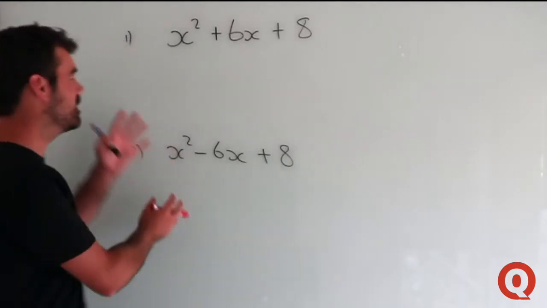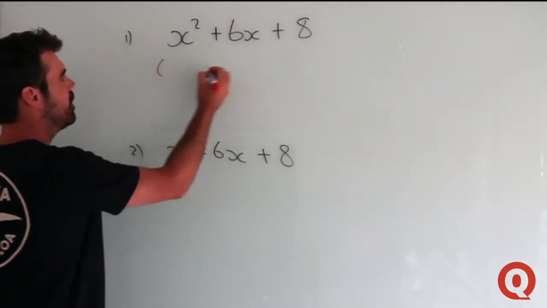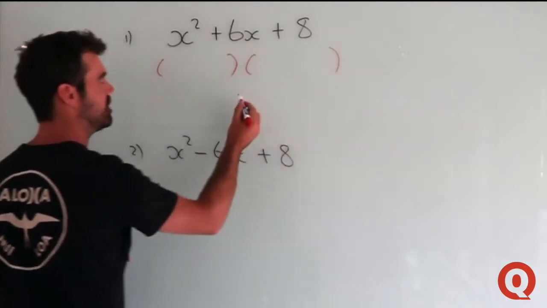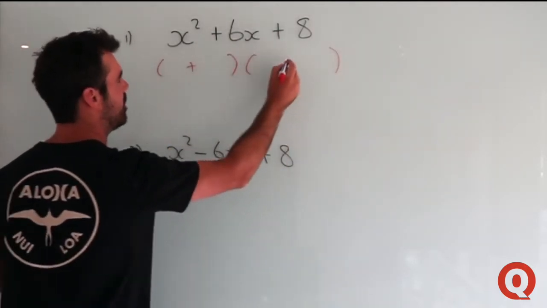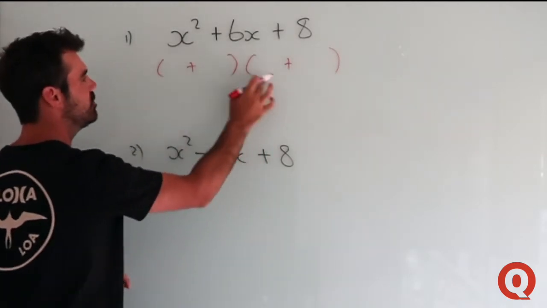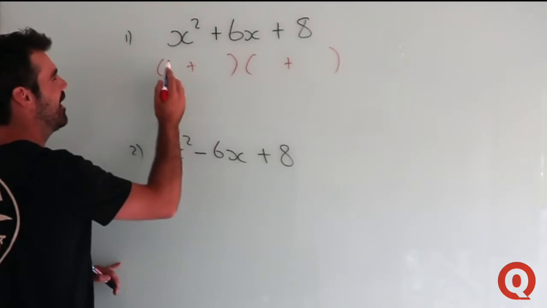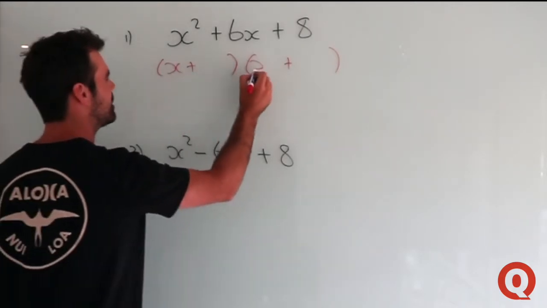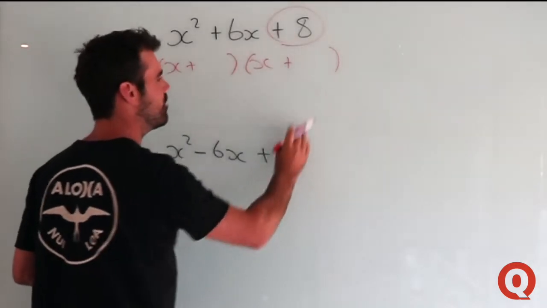Alright, so now we've got these two examples on the board. Just to recap from last week, we open our two brackets, and like we just discussed, it's a positive c and my middle term is positive, so they're both going to be positive. The front two terms are what multiplied by itself will give me x squared, well, x times x. Then we look at this 8 over here. What makes 8?